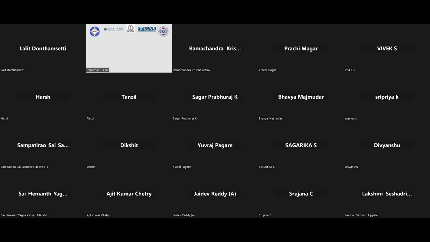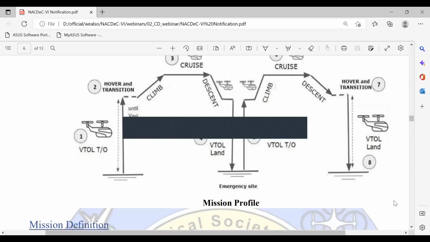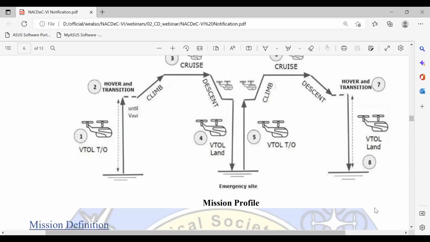I just wanted to confirm whether my understanding is correct: accelerating to V stall and then an accelerated climb from V stall to V cruise. Yes, that is what is mentioned there. You have seen the screen now? Yes, sir. So you take off from the ground in the vertical mode up to 1 to 2.